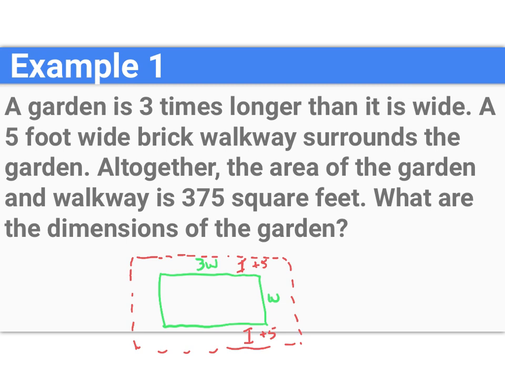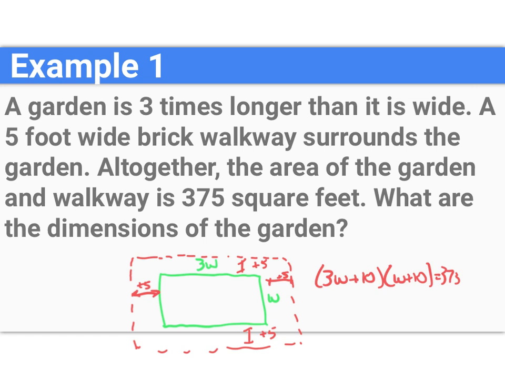Overall, it is 10 because it's 5 foot on either side. So please don't forget that. So this way is +5, and then this way is also +5. So then you have W plus 10, and we are constrained by 375 square feet. So that is what we look like.